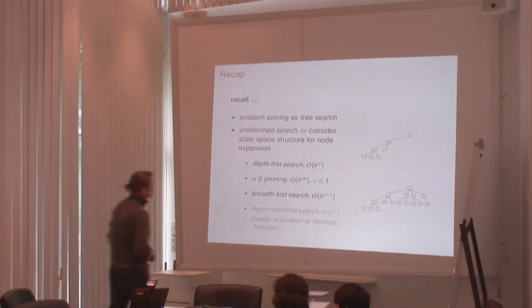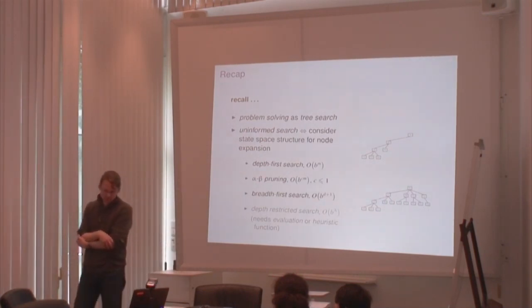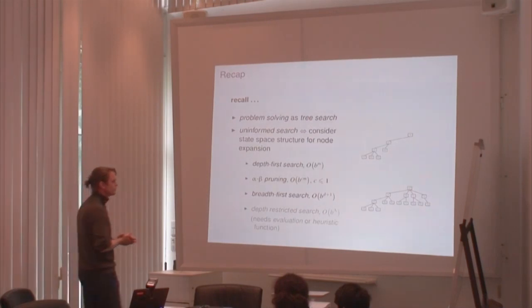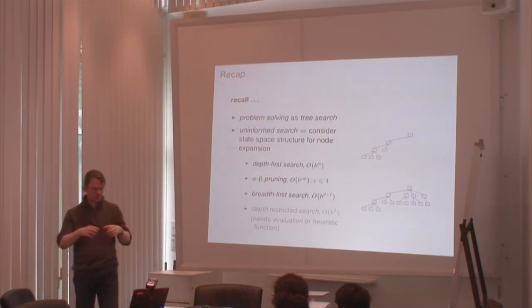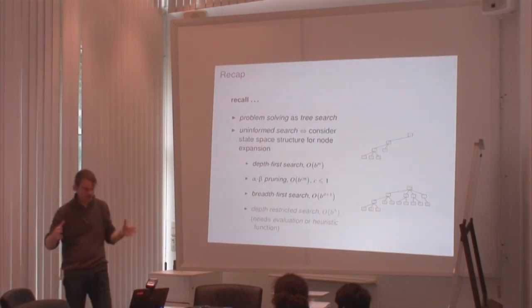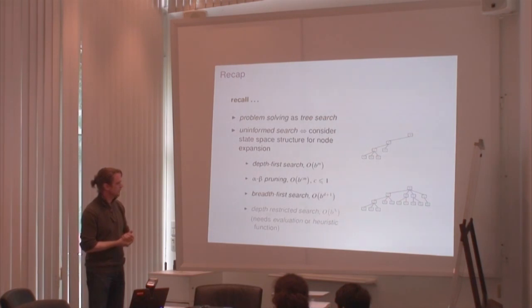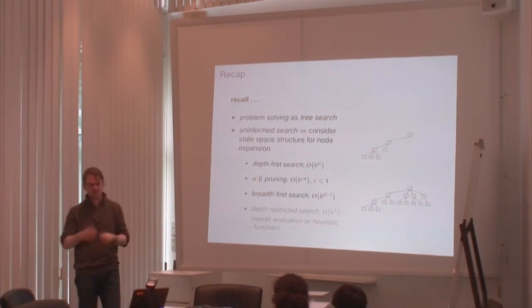Now, these depth-first searches are very mechanical, because basically in this approach to tree search, we always expand a node in the fringe, which is the set of nodes we want to or have to expand further. In depth-first search, we always expand the deepest node in the current fringe. If there are several on the same level, we have to pick one of them.